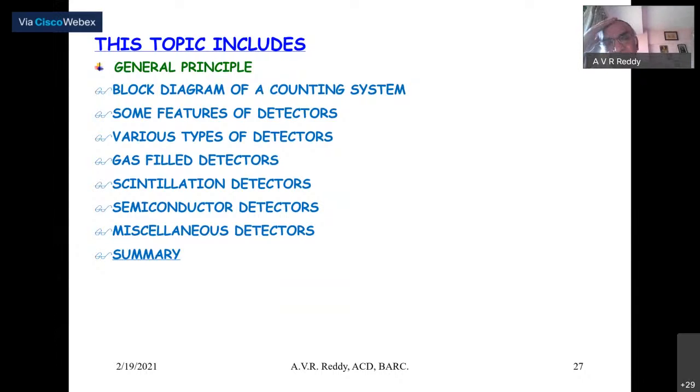Gas filled detectors I'll take some time because this is one of the important class of detectors which are essentially very cheap as far as the cost is concerned. And then scintillation detectors, semiconductor detectors, and of course, if time permits, miscellaneous detectors, but in all probability, I'll skip it. Then I will summarize all the discussions.